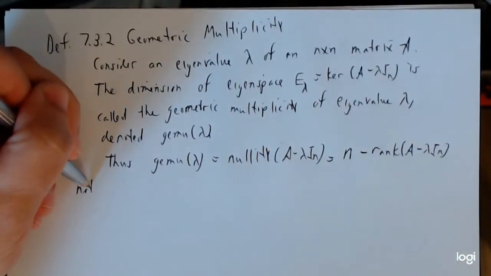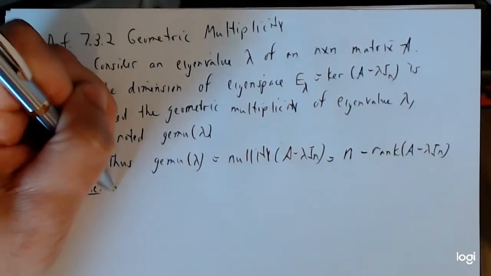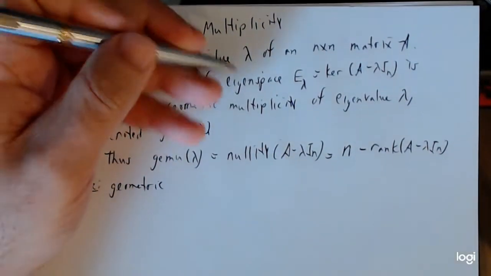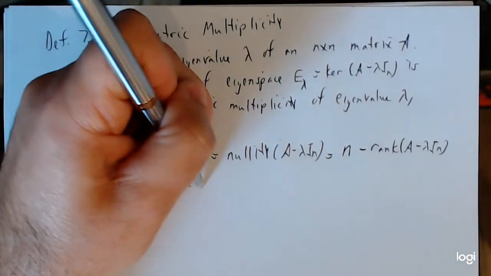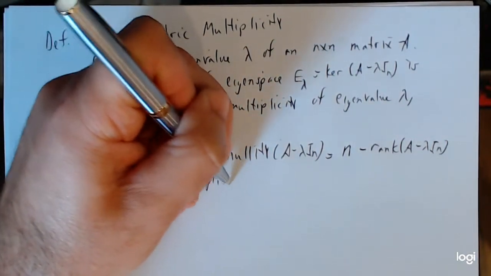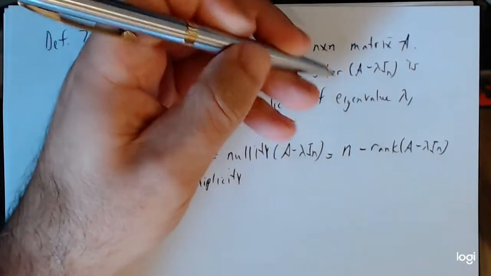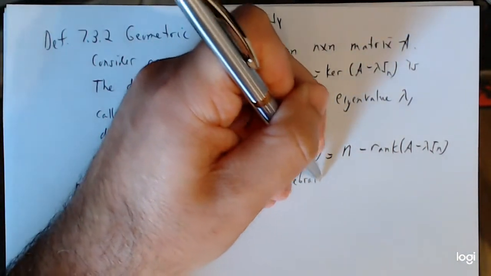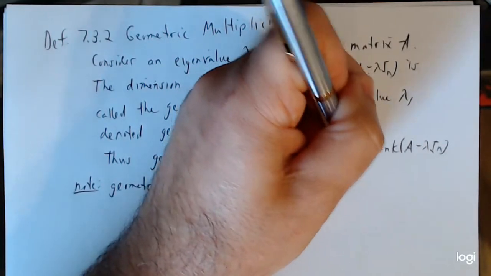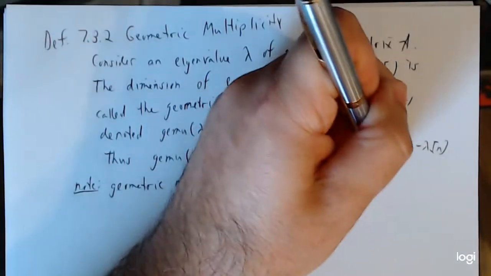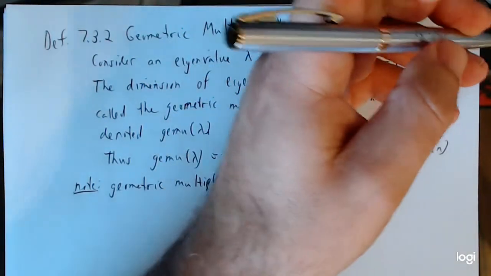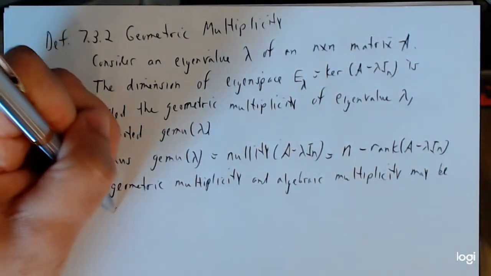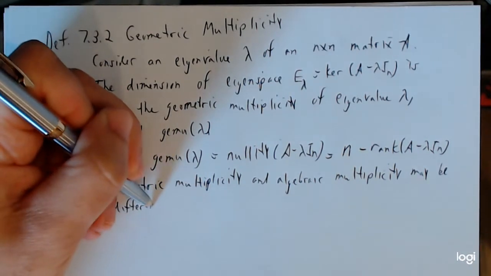So a comment I want to make here, which is going to be important: geometric multiplicity and algebraic multiplicity may be different, right?